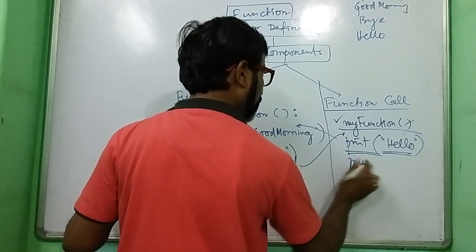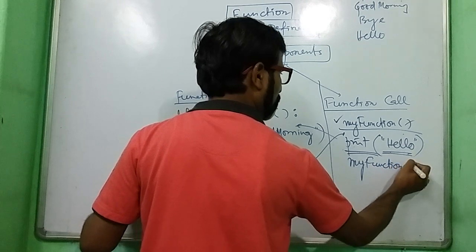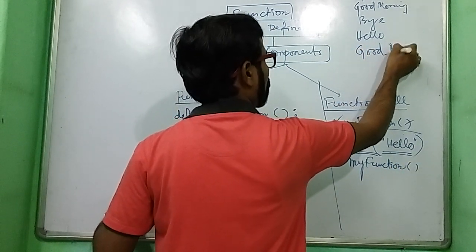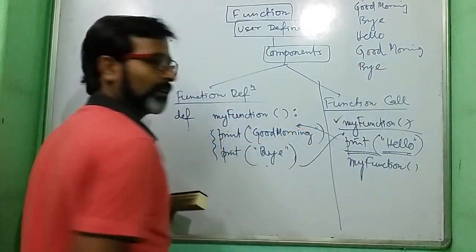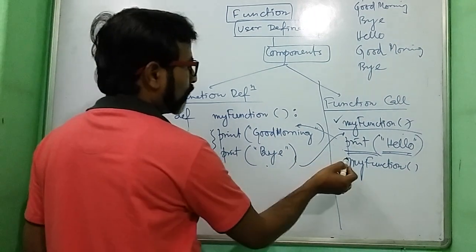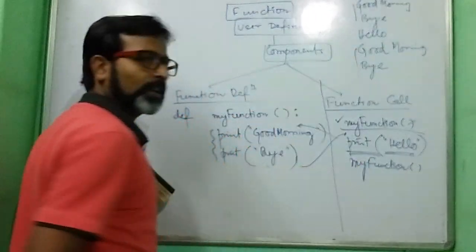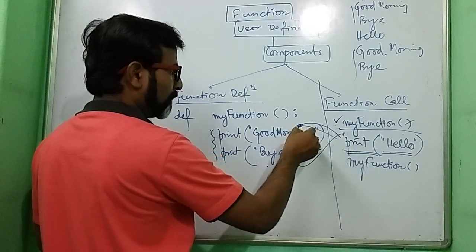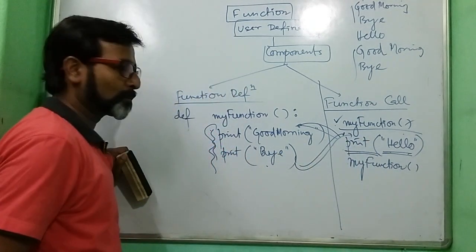Suppose again if I write my function, so again it will display good morning and bye. Understood? So I called this function 2 times, so 2 times good morning, bye displayed. Now what happens is whenever you are calling this function, these 2 lines are executed and it returns back.